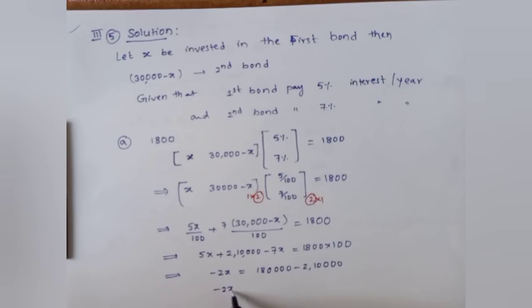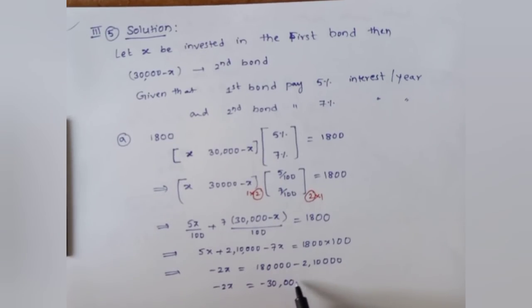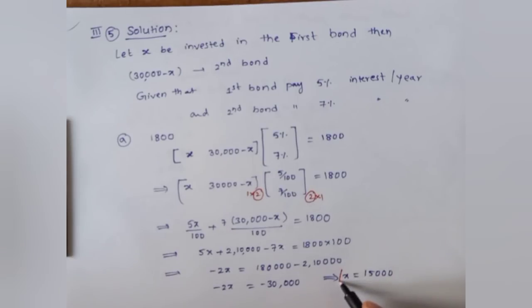So minus 2x equals minus 30,000. This implies x is 15,000. Therefore x equals 15,000.